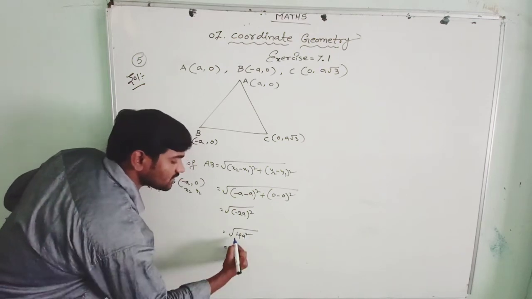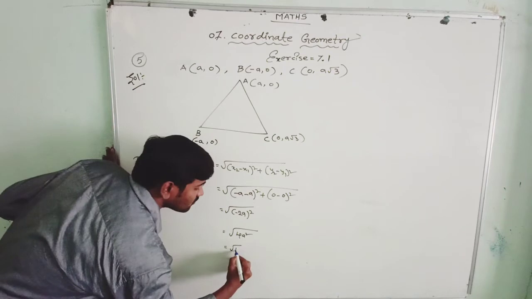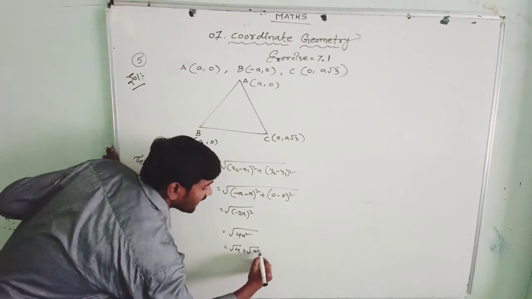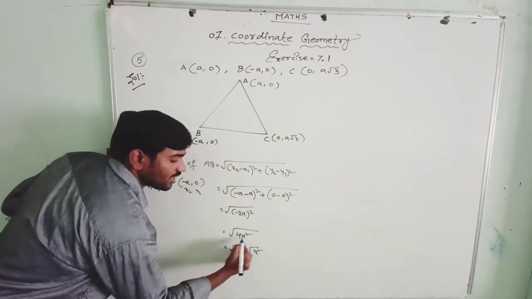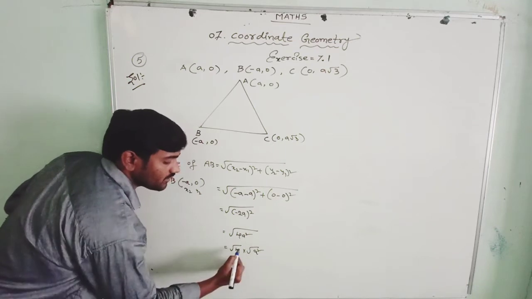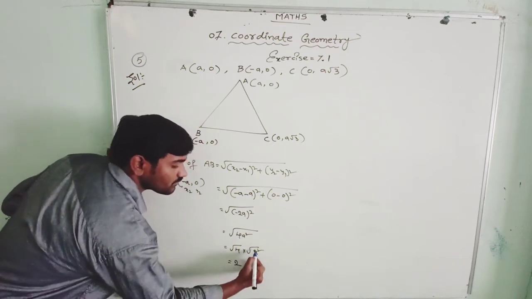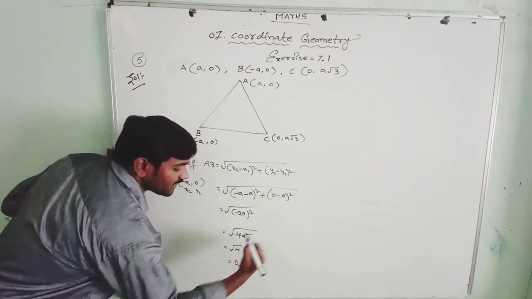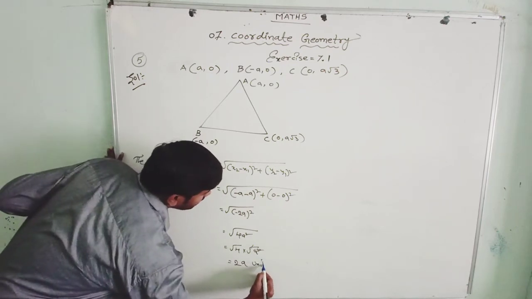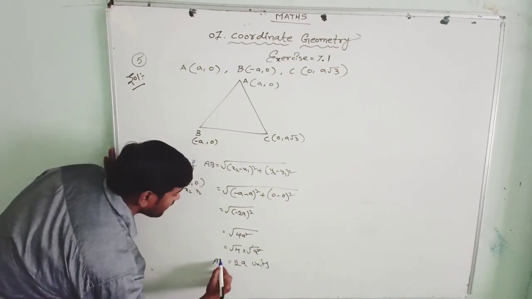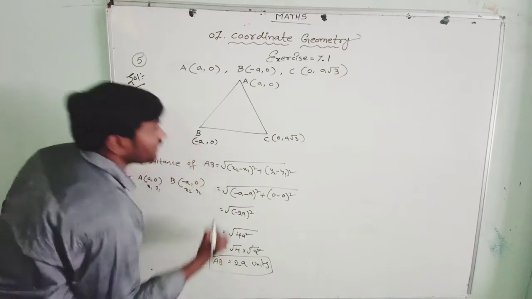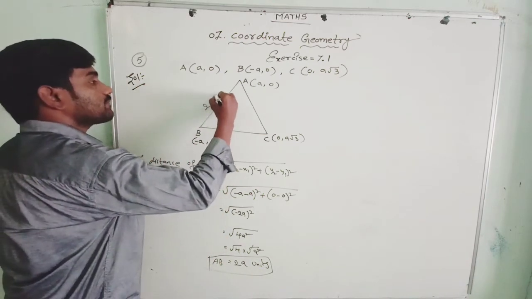This 4a square can be written as root 4 into root a square, since under root of a into b is root a into root b. Root 4 is 2, and square root and square cancel, so you get a. Here AB equals 2a units.